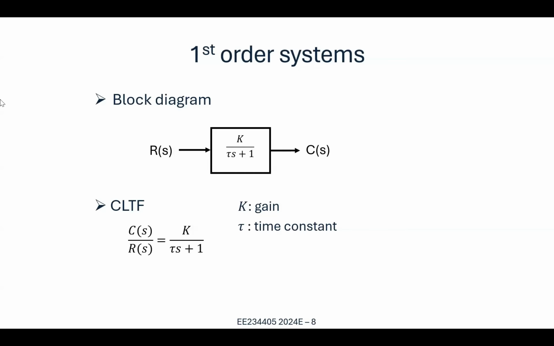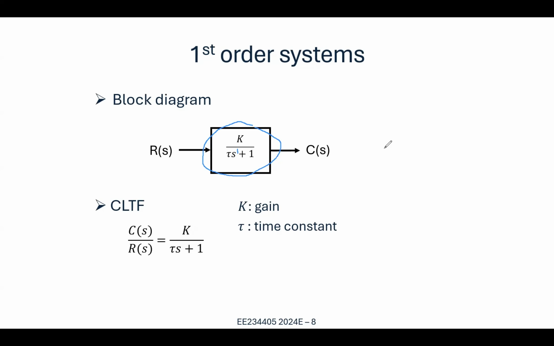So we now focus on the transfer function of the first order system, which means the maximum power here is power of 1, or just s, right? If you have the numerator being constant and the denominator with, let's say, power of 5, then it's a fifth order system. But if the maximum power here is 1, then it's a first order system. If the maximum power is 2, it's a second order system, and so on and so forth.